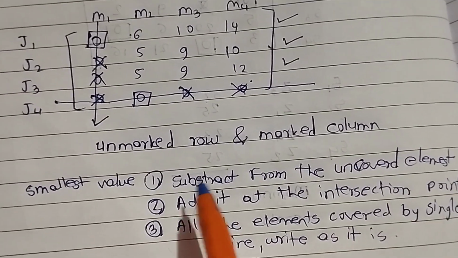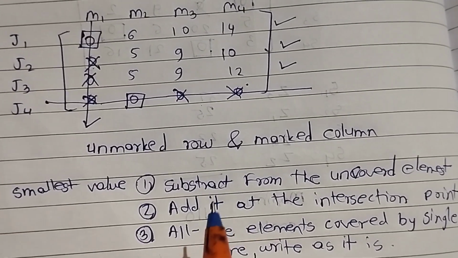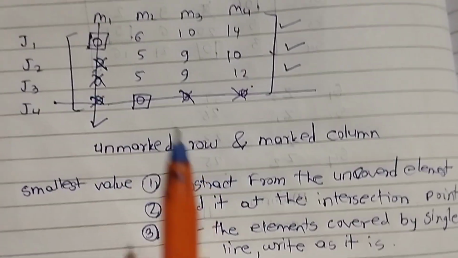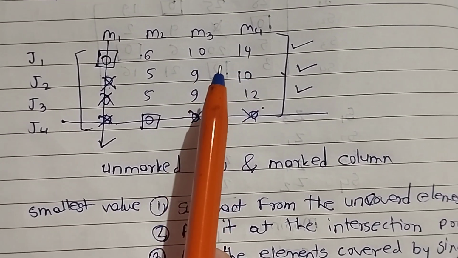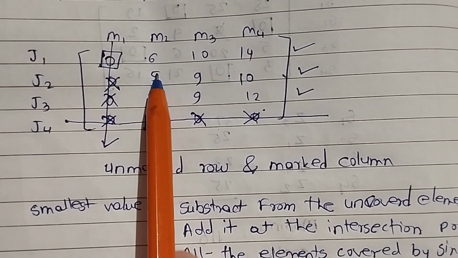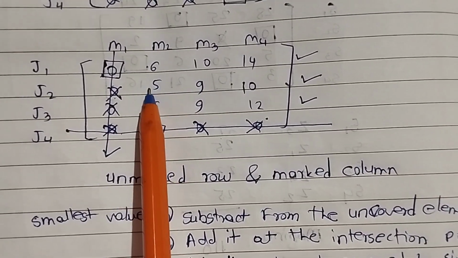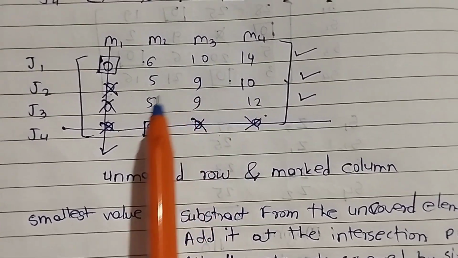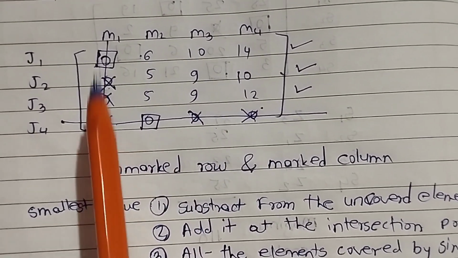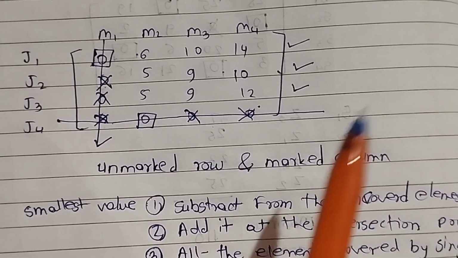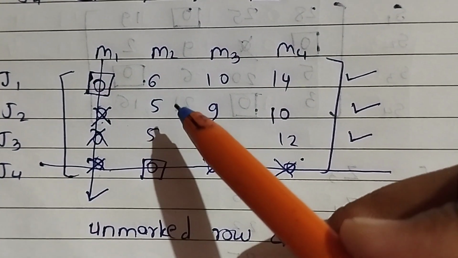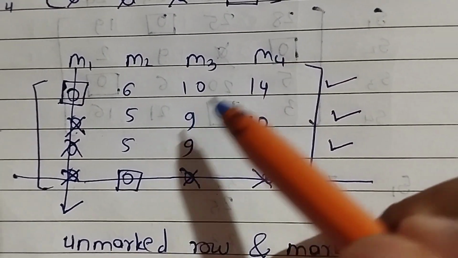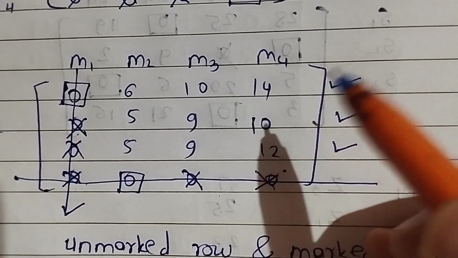These three steps we now follow to write the further reduced matrix. First, find the uncovered elements, and from them find the smallest value. Subtract the smallest value from the uncovered elements, add it at the intersection, and write all remaining elements as they are. So let's rewrite. 6 minus 5 is 1, 10 minus 5 is 5, 14 minus 5 is 9.